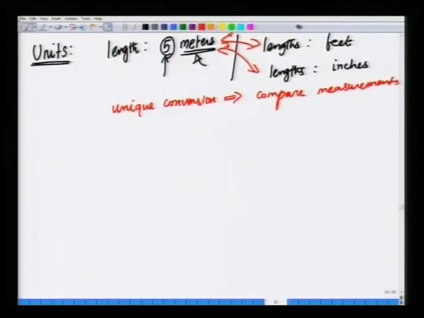So, units are not fundamental as dimensions. Units are merely a convention that everybody agrees to work on.